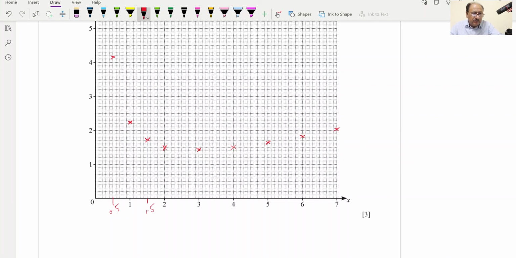Now we can draw this curve, and a smoother curve we need to draw, and we can draw a smoother curve like this one, and here also we need a smoother curve like this, and we have to join these 2 points.